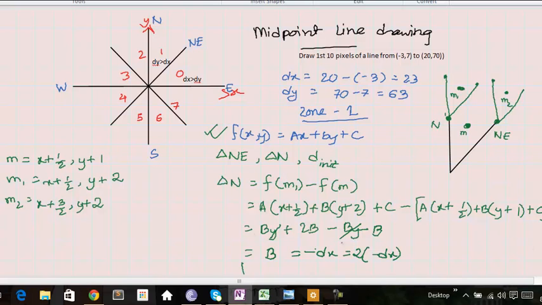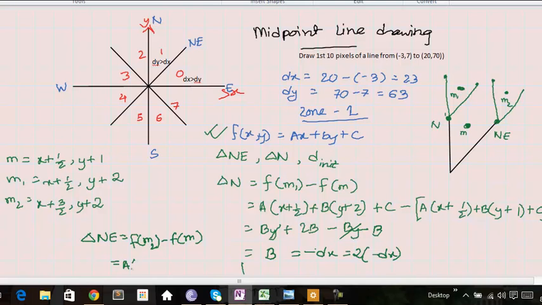Alright, so next we move on to del NE. For del NE we get fm2 minus fm. We get the same equation, we just plug in the values.